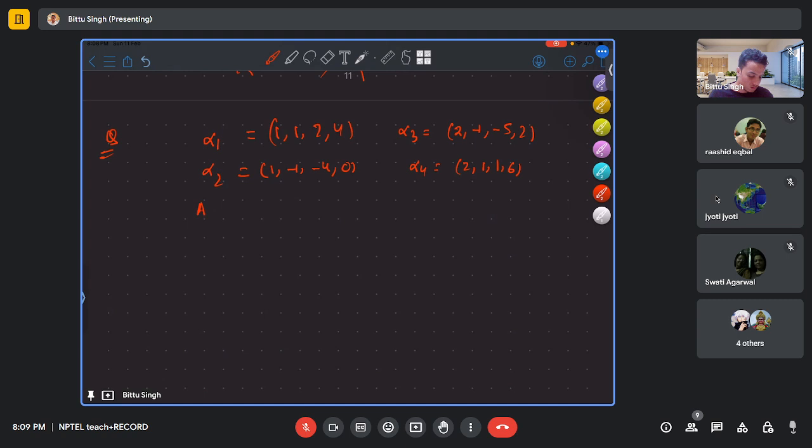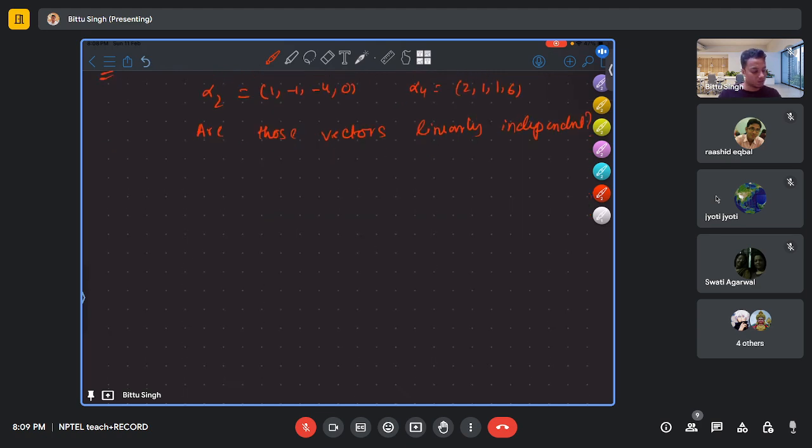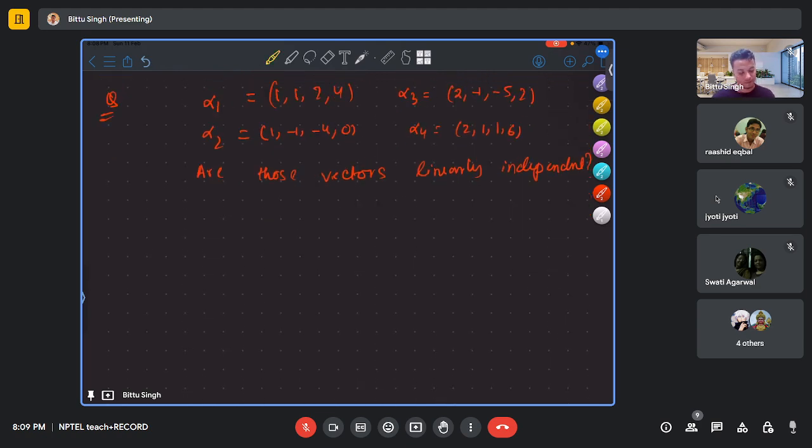Are those vectors linearly independent? What will be the answer? So let us check if it is independent or not.